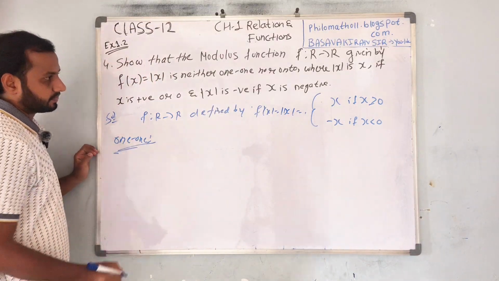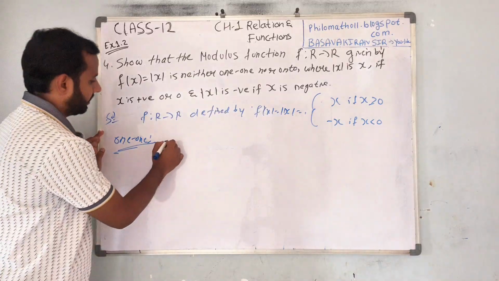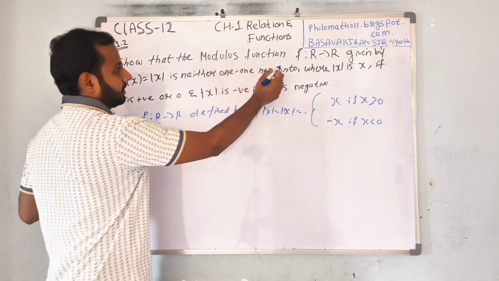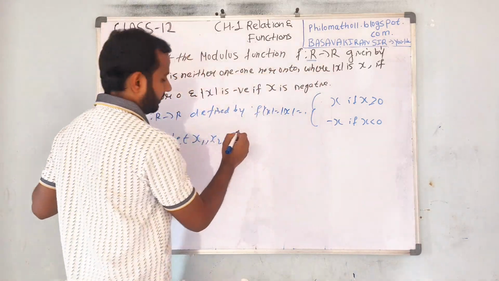Let us check. To check 1-1 and onto, let x1 comma x2 belong to real numbers, as they have given you real numbers.